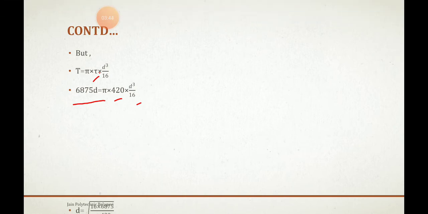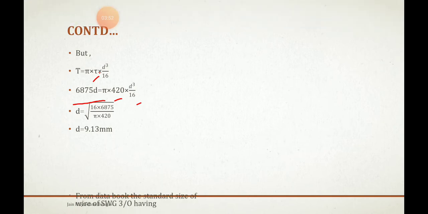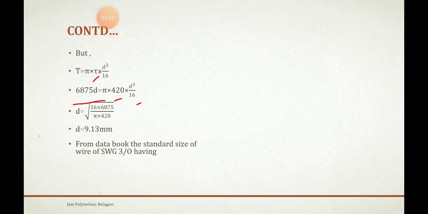So calculate, you will get d as 9.13 mm. But this is not standard. We have to take the standard diameter of the wire from the data handbook. So standard will be 9.49 mm.